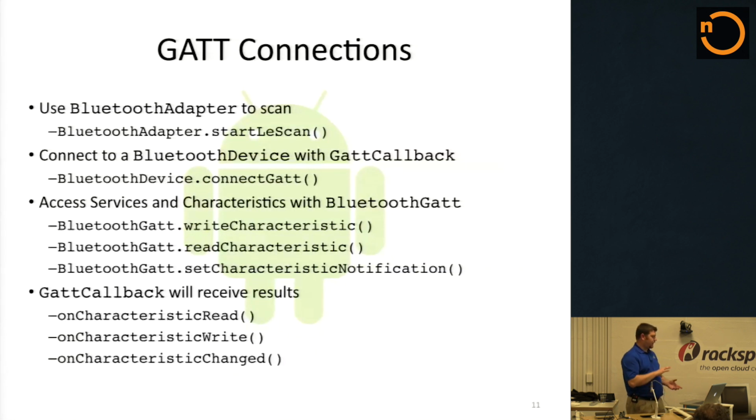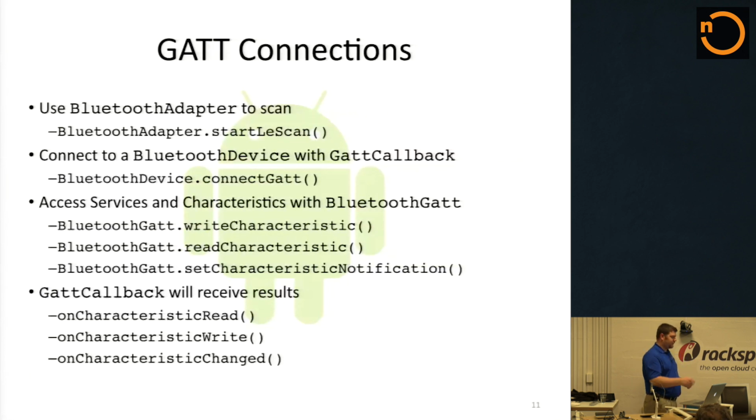Okay? And then all these processes are asynchronous. There's this Bluetooth GATT callback that you have to implement for all these different methods when these events occur. So I call read characteristic, but it doesn't come back to me until on characteristic read is fired. I call write characteristic. It's not done until on characteristic write has taken place.